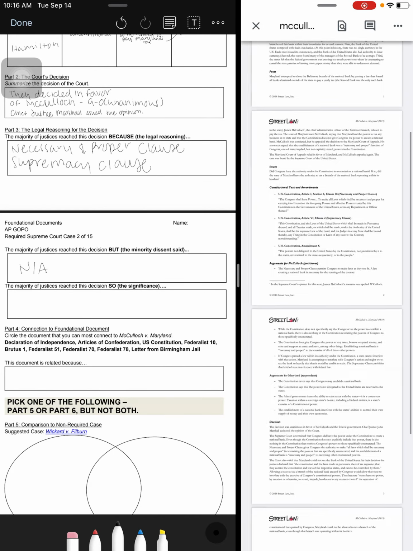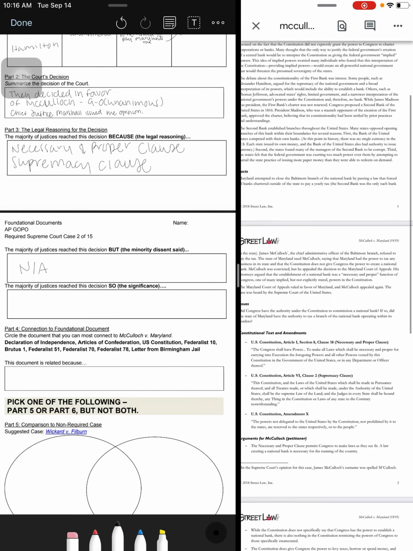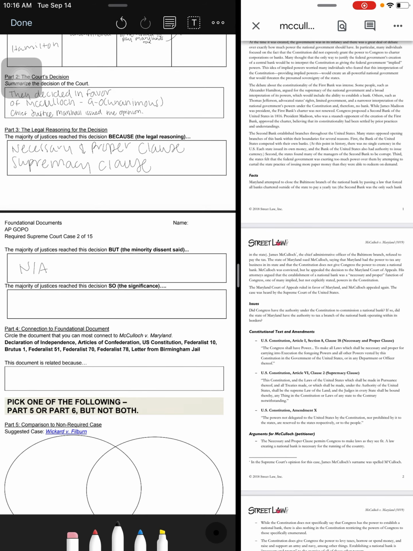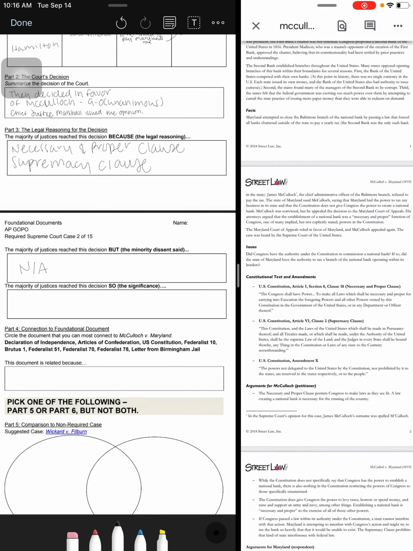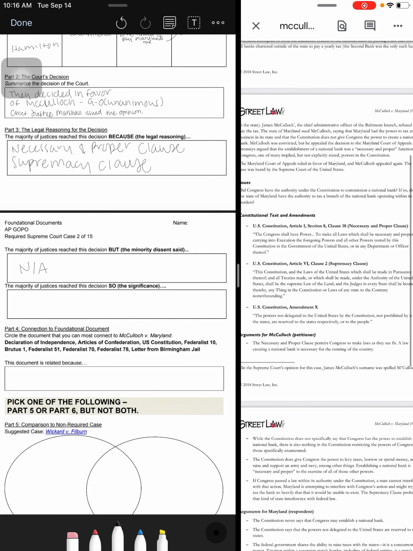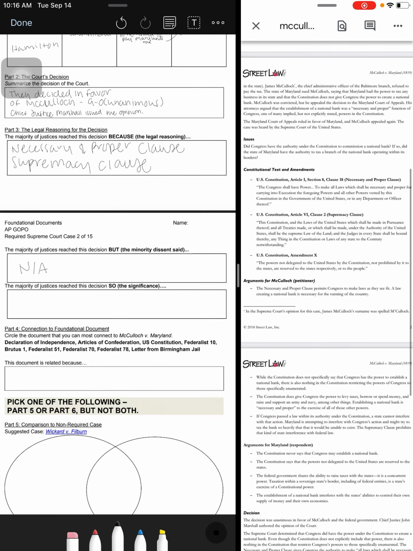And so one of the major issues here was obviously, did Congress have the right to commission a national bank? But the bigger question at hand is really, did Congress have more powers than those that are explicitly listed in the Constitution?